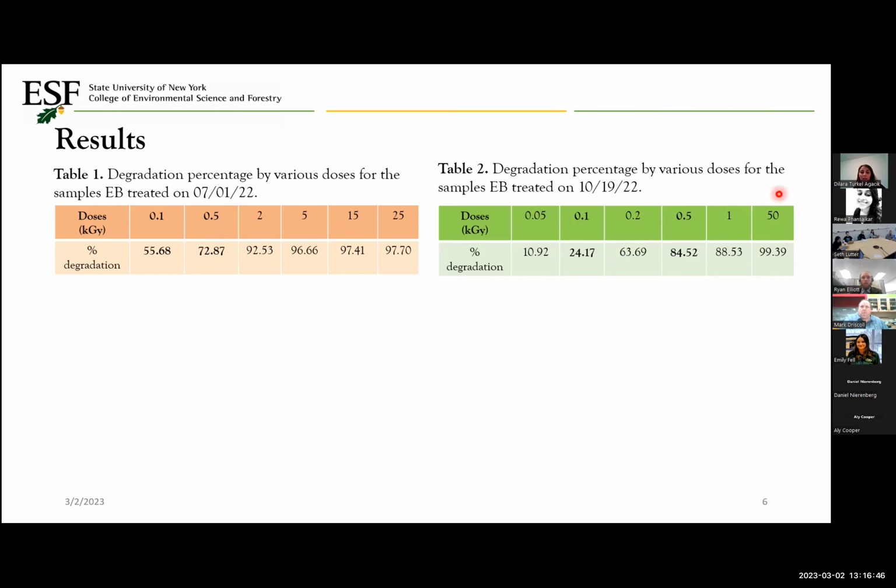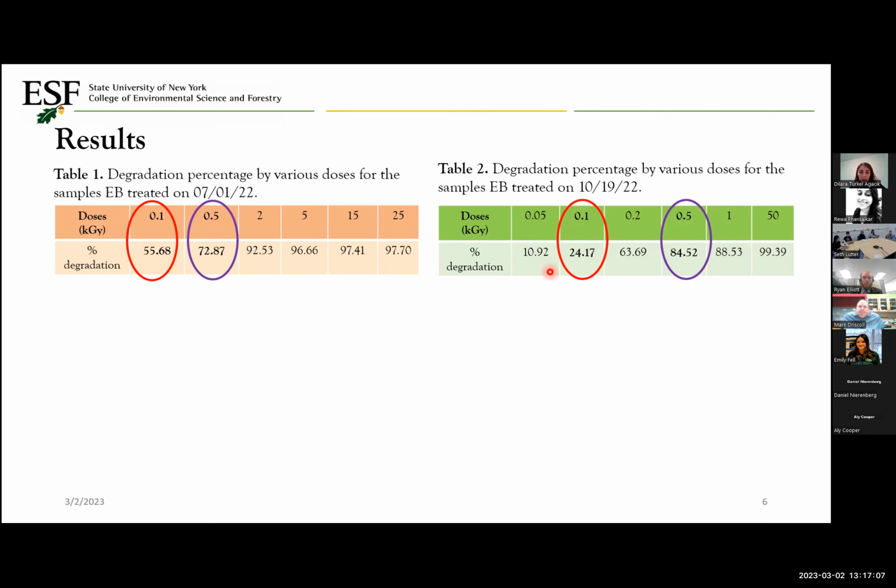We also increased the highest dose to 50 to check for any changes in the degradation percentage. However, the results show that there were some differences at the control doses.